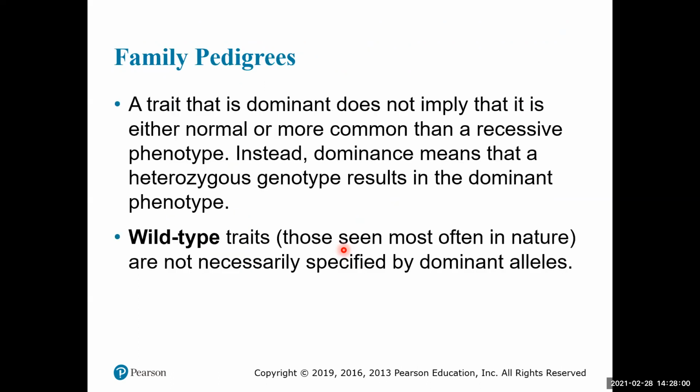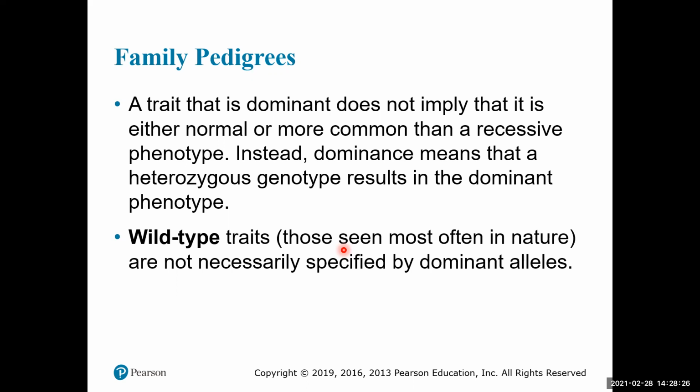And one thing I want to point out is that just because we say a trait is dominant, it doesn't mean that it's the most common or the normal or average phenotype that you see in a population. The only thing that dominance means is that if you have this allele with another allele, the dominant allele will be expressed over that recessive phenotype.